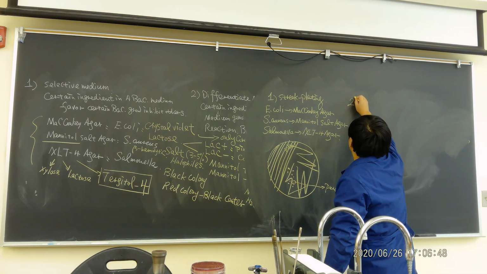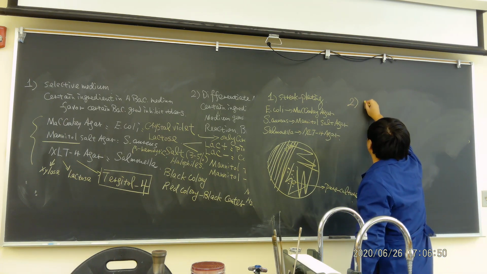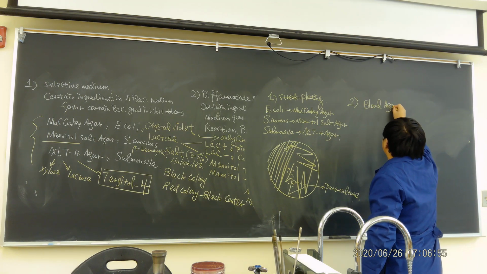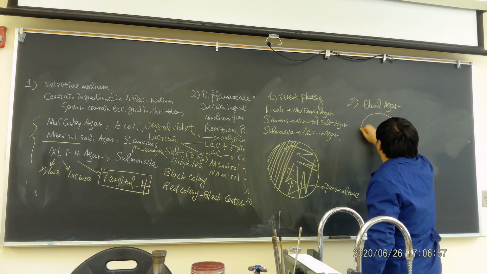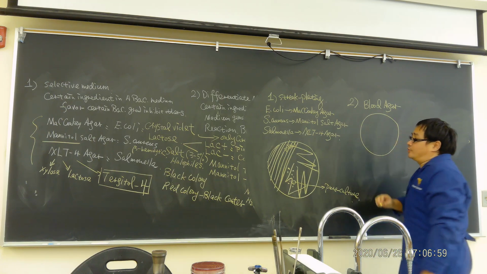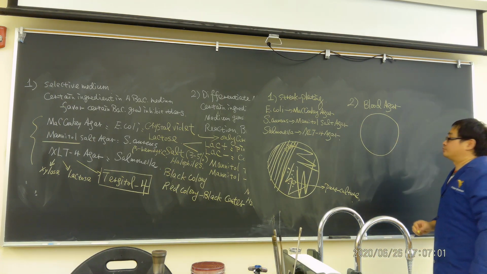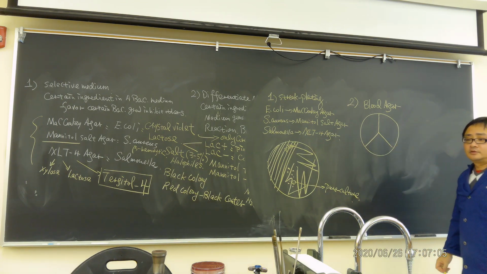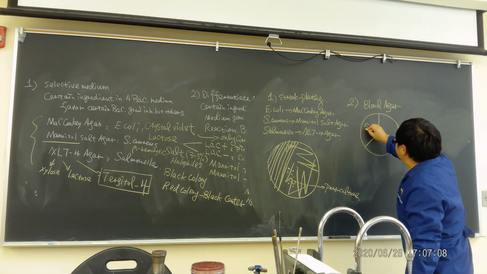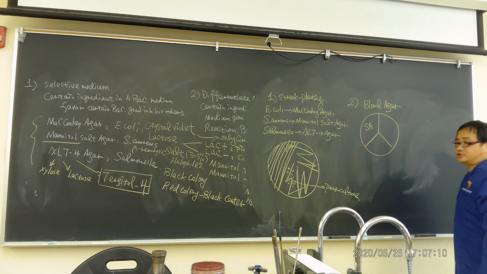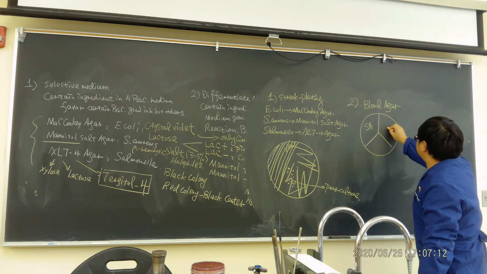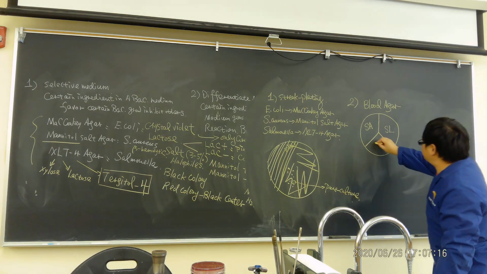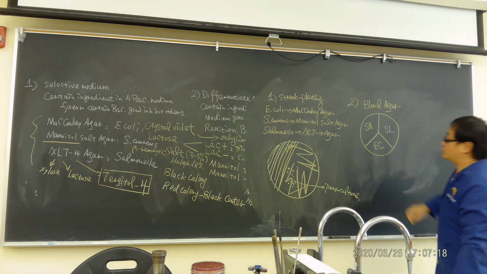The second work I want you to do is to see the differences on the blood agar. So what we do is split the blood agar into 3 parts. And we will write SA to indicate Staphylococcus aureus, SL to indicate Salmonella, and EC to indicate E. coli.